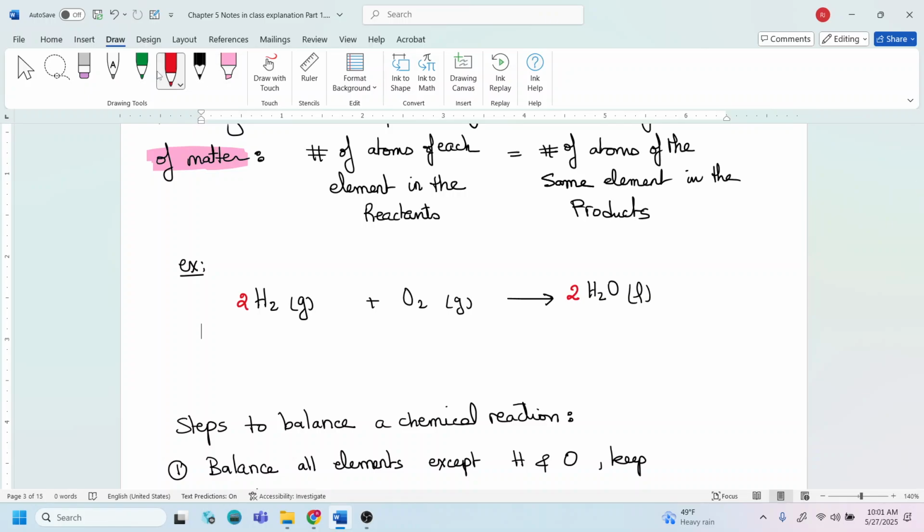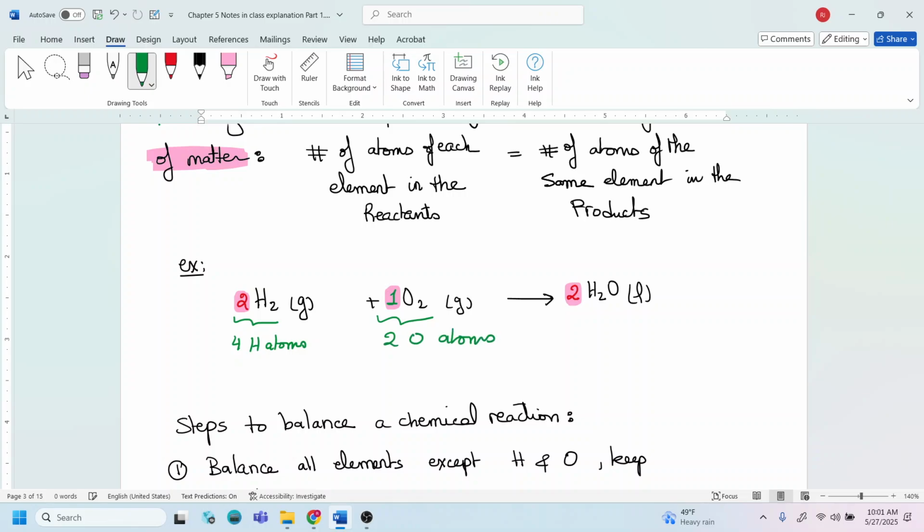For example, for this reaction, I'm starting with 4 hydrogen atoms. The 2 that you see over here is part of balancing the chemical equation. The 1 that you see in there is also part of balancing the chemical equation. So you're reacting 4 hydrogen atoms with 2 oxygen atoms.